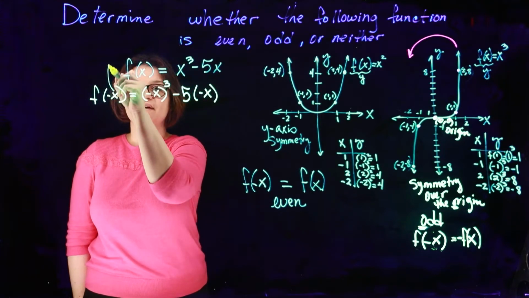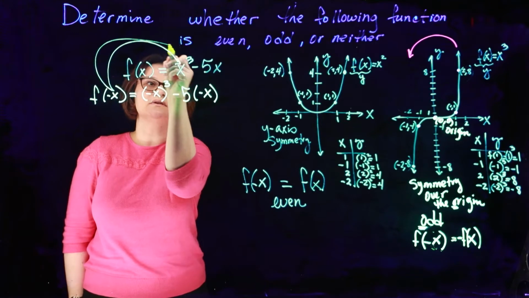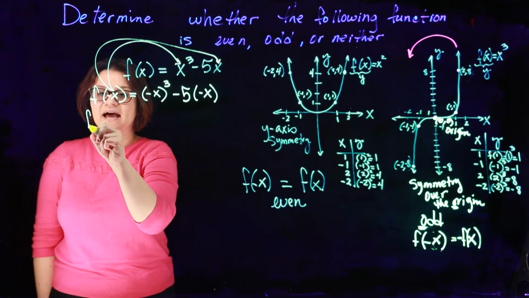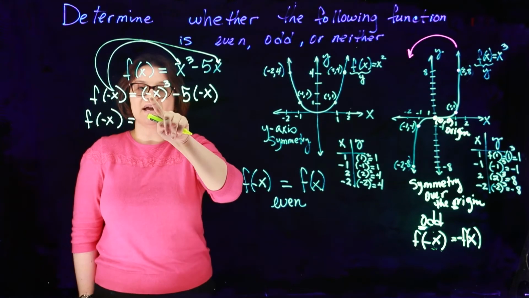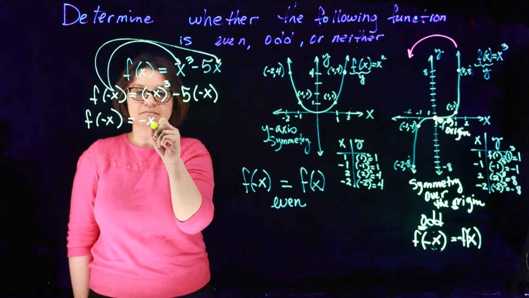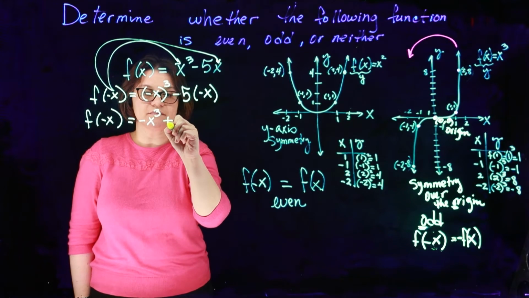So this negative x was substituted here, and also here. Okay, let's see what happens. F of negative x. I have a negative, and I'm cubing it. The result is negative. Negative times negative is positive.